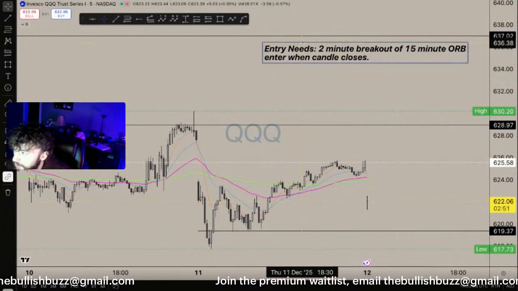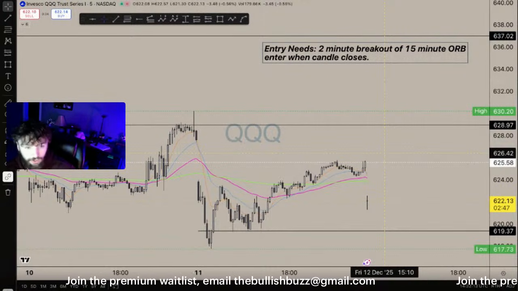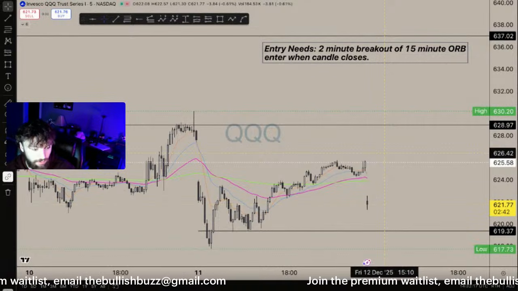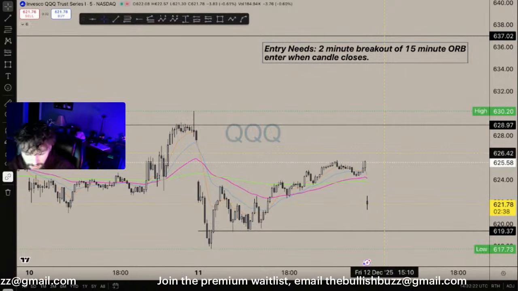So here's your credential, right? You mark out the first 15 minutes. Okay. Then you go down to the 2-minute time frame. You'll see it, and you'll see all this, so we can get this done. But I want people to understand kind of how I actually go about this. Because I wrote it out last night because I want people to understand.